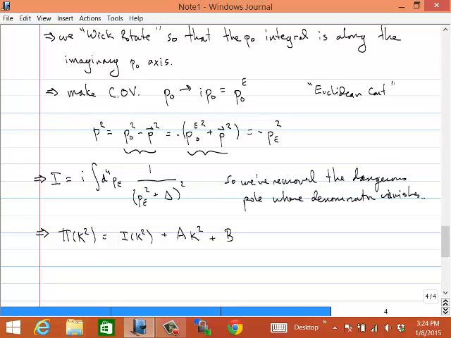There are some factors of i and some factors of m squared floating in there. I'm just going to neglect those because at the end of the day we're just going to adjust a and b to impose our physical condition that pi and its first derivative vanish at m squared. So I can always absorb those constants and those i's into a and b.